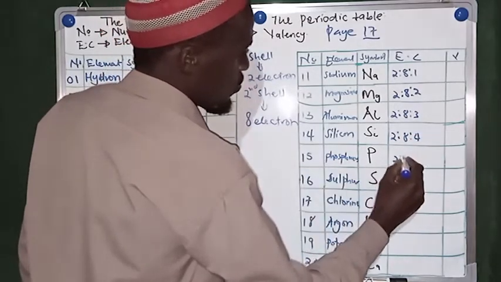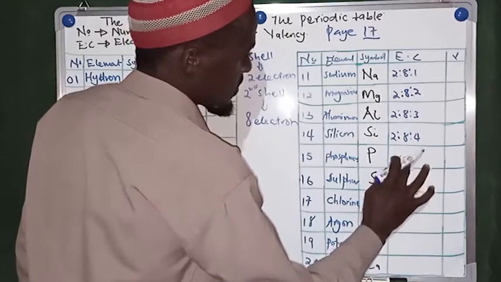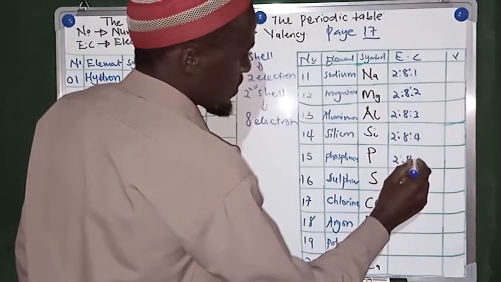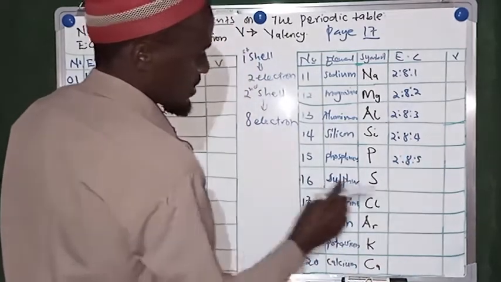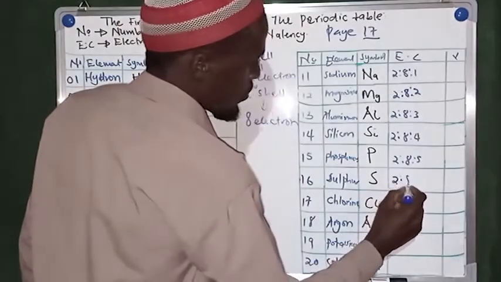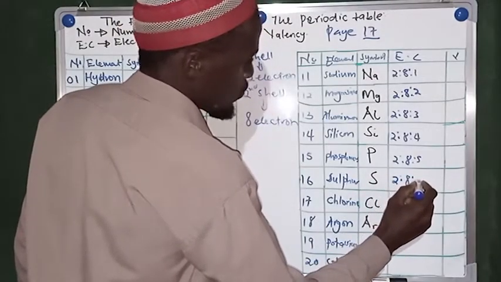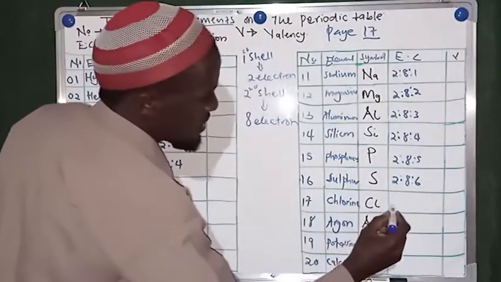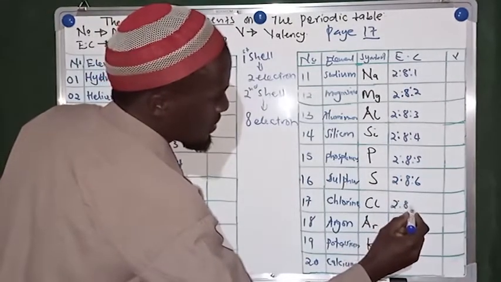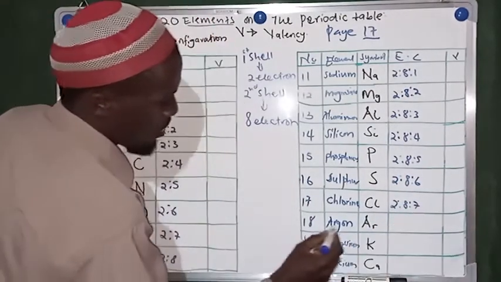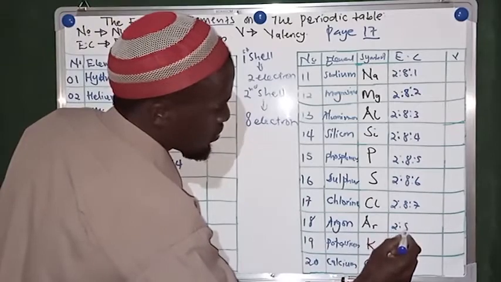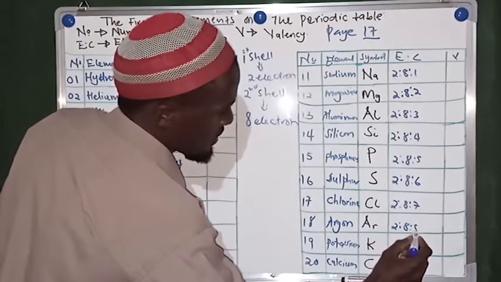Phosphorus is 2, 8, 5. Sulfur is 2, 8, 6. Chlorine is 2, 8, 7. Argon is 2, 8, 8.